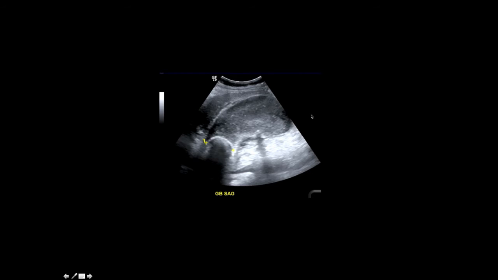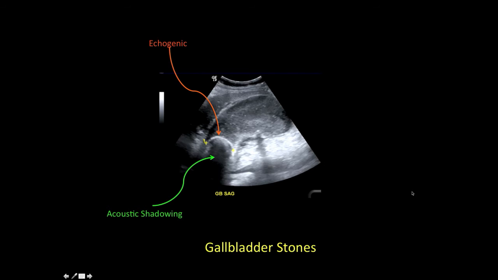On the other hand, here we have a gallbladder, which is definitely not anechoic. It has internal echoes. And we have this barrier beyond which the sound becomes attenuated or blocked. This is shadowing. So this is echogenic, this is acoustic shadowing, and this is what happens when you image a gallbladder which contains gallbladder stones.